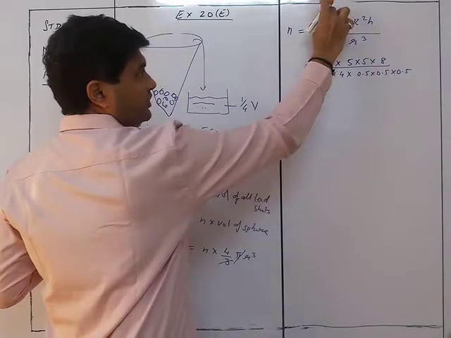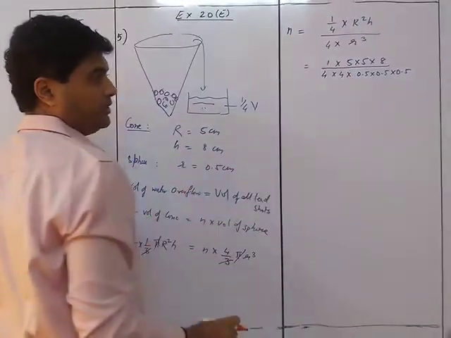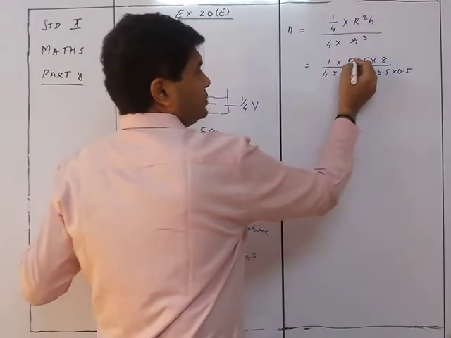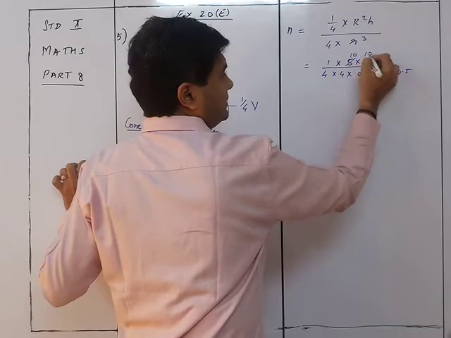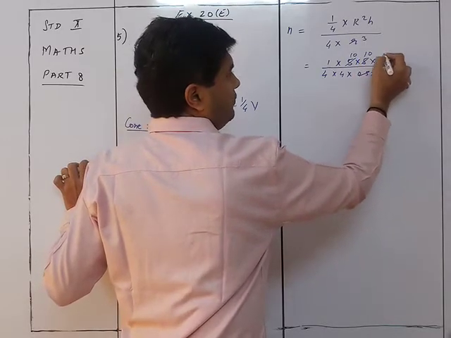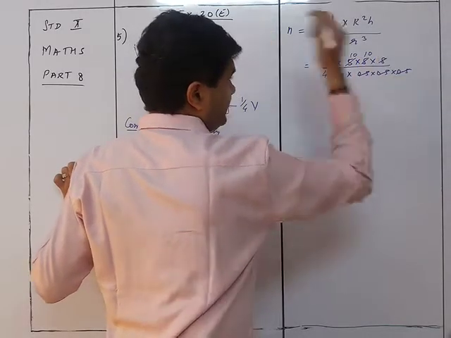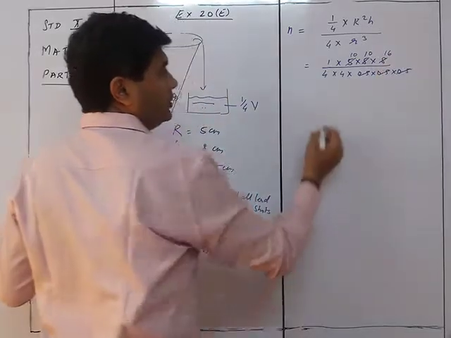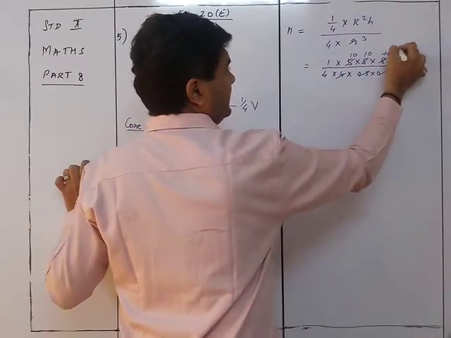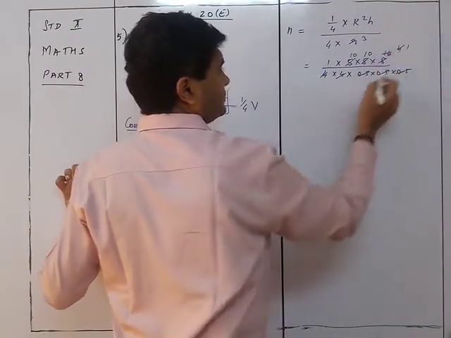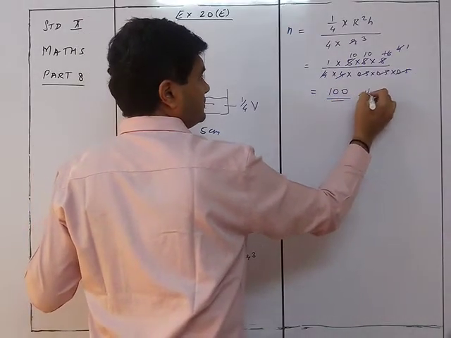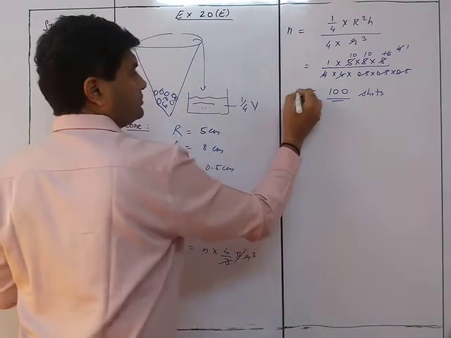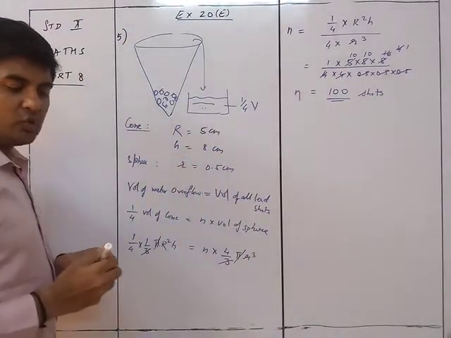So 4 fours are 16 and 4 fours are 16, and that will give you 100 shots. So n is equal to 100 lead shots.